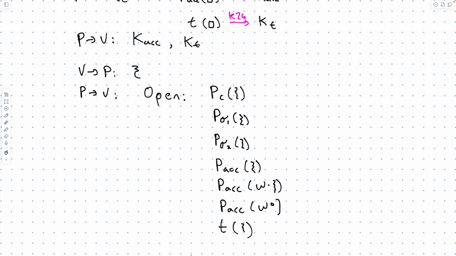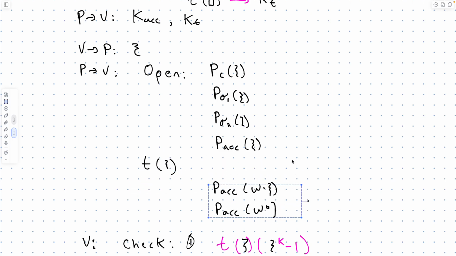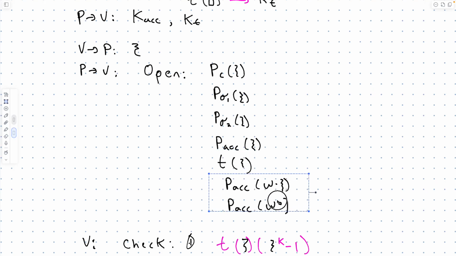So I'm going to open z at zeta, sigma 1 at zeta, sigma 2 at zeta, my accumulator at zeta. Skip this for a second. I'm going to open t at zeta.